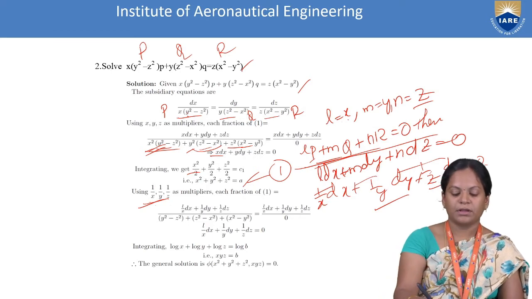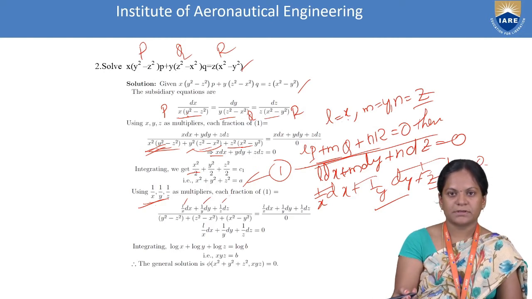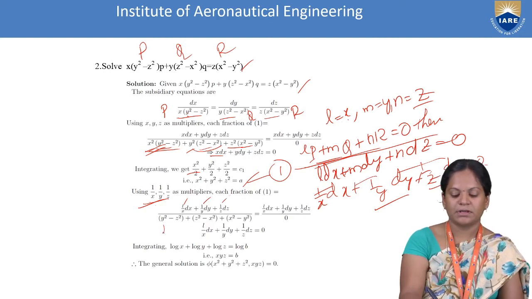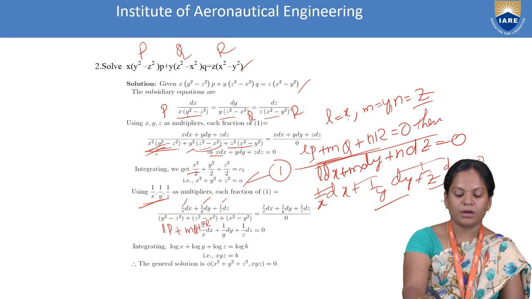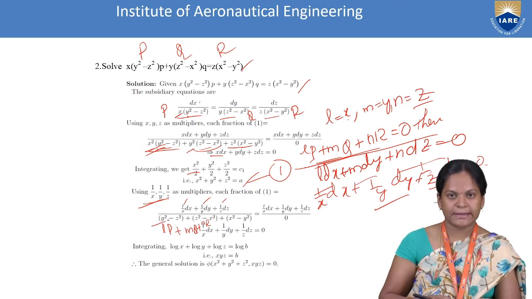So for that I am writing L dx plus M dy plus N dz divided by the denominator, which is LP plus MQ plus NR. L is 1 by x. In the P we have x, so x by x will cancel. So we have only y square minus z square.